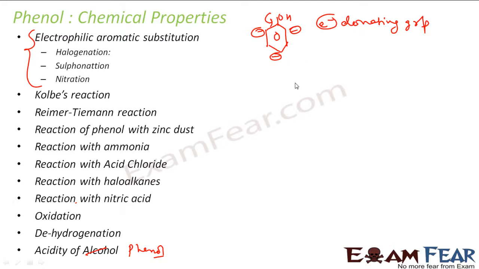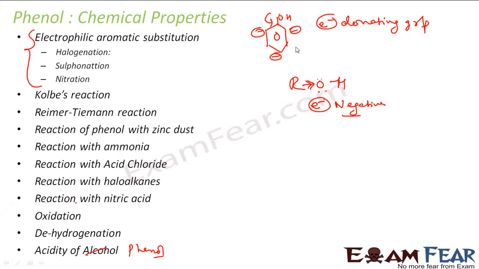Please note that when you have OH attached to an aliphatic hydrocarbon, in that case this oxygen is an electron withdrawing group because of the difference in electronegativity. So it withdraws electrons. But when it is attached to an aromatic hydrocarbon, it is an electron donating group.